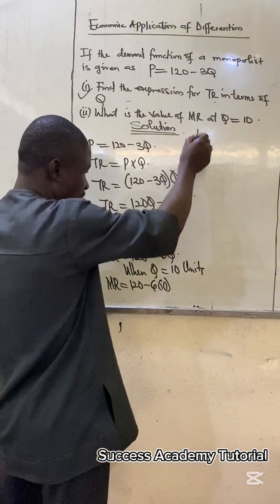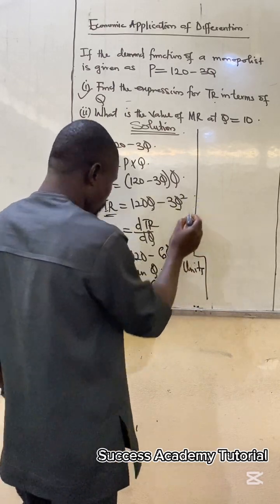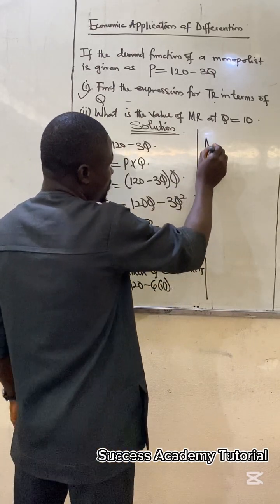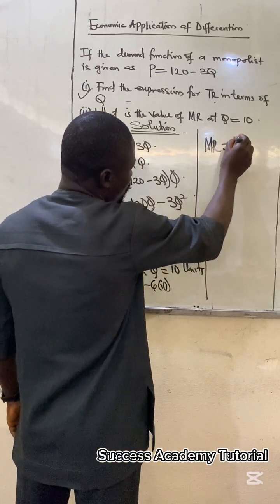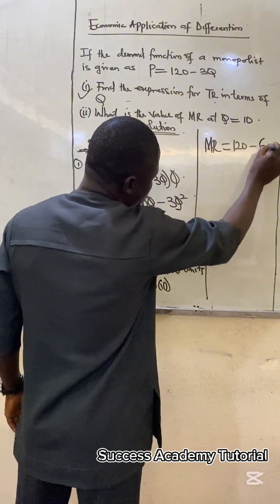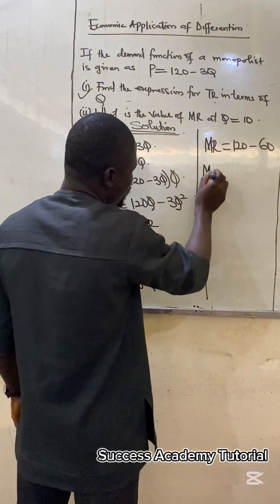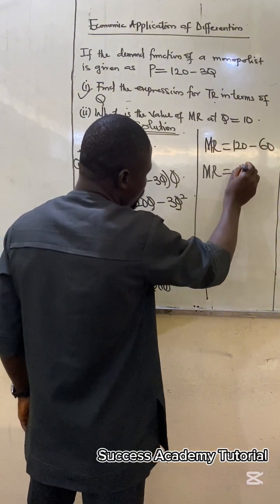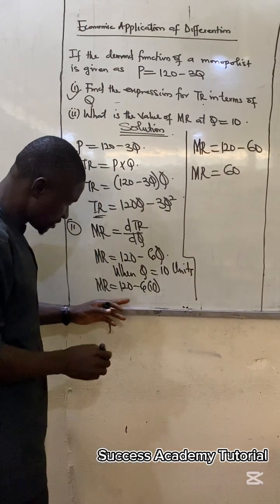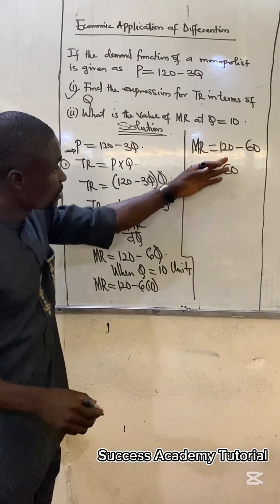Let's complete the remaining here. So we have marginal revenue equal to 120 minus 60. So your marginal revenue here is going to be just 60. What we did here is 6 times 10, which gives us 60.